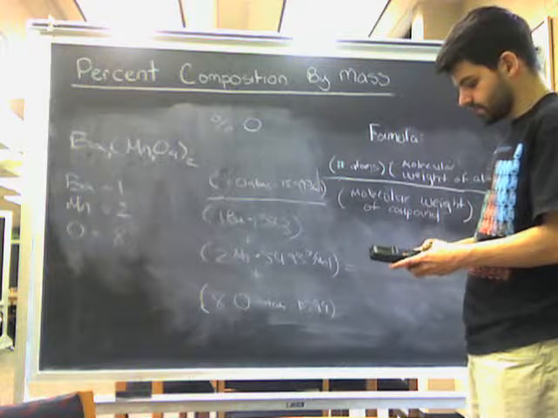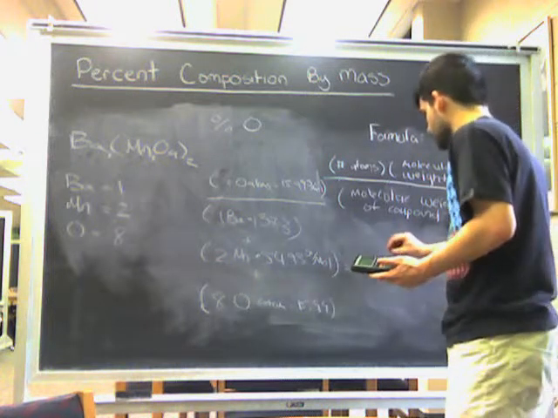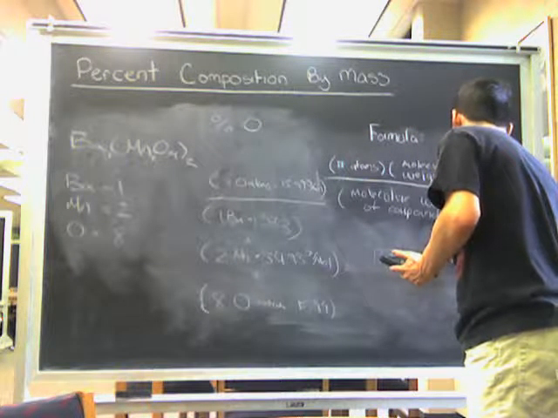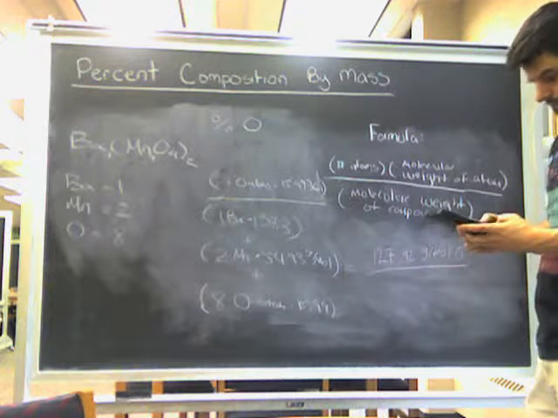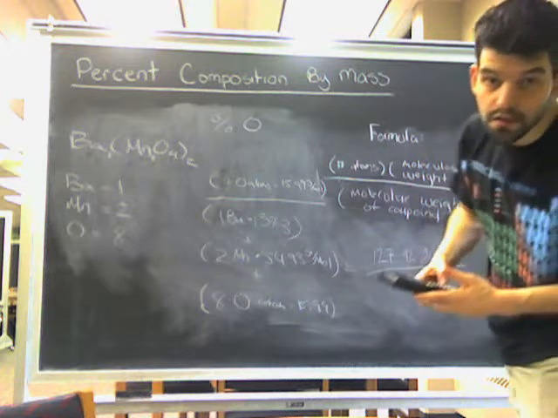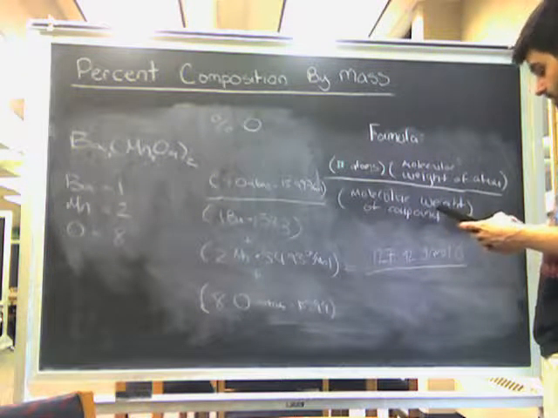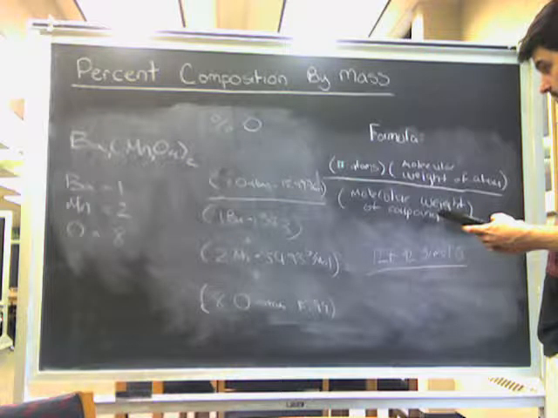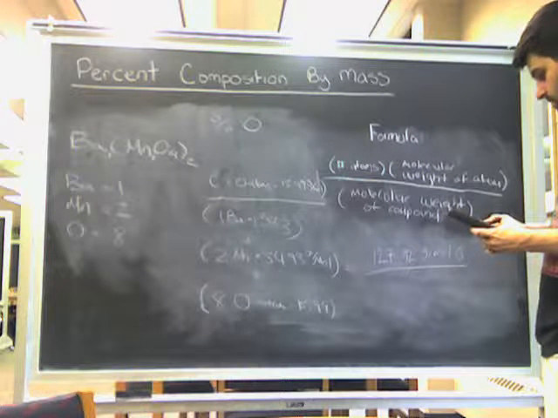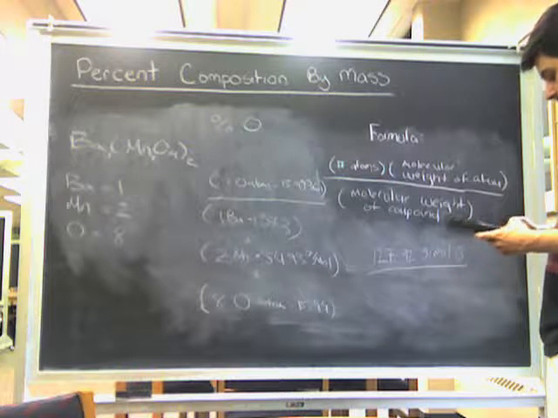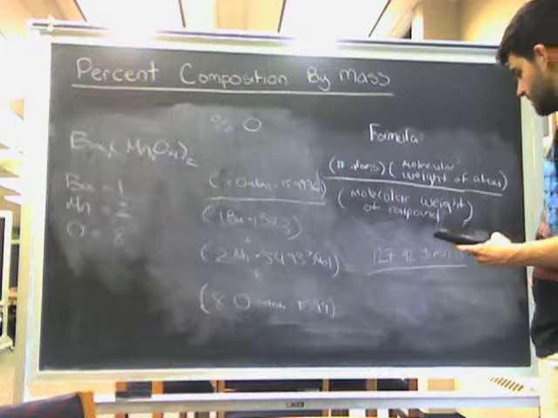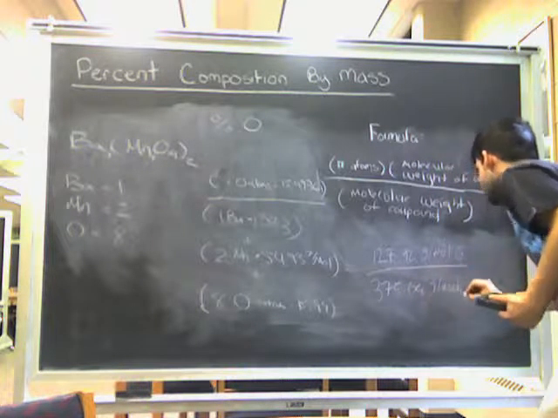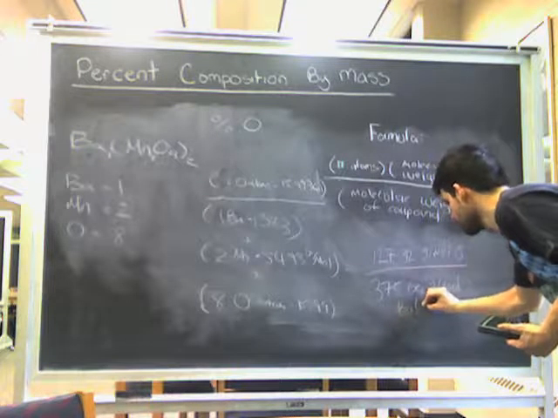So it's 8 times 15.99, and you get 127.92 grams per mole O, all over 137.3 plus 109.86 plus 127.92, which is 375.08, barium permanganate.